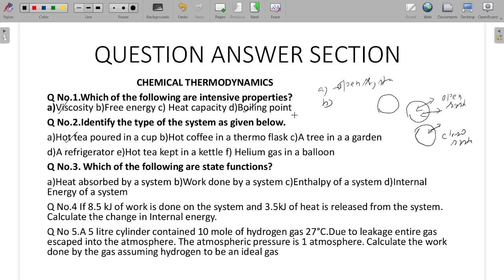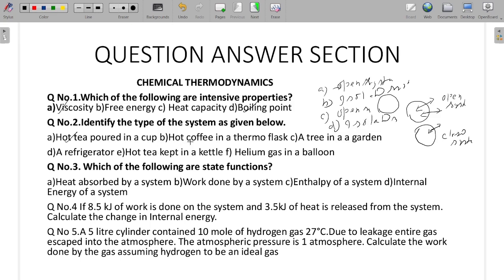Then B, hot coffee in a thermoflask, is an isolated system. Then C, a tree in a garden, is an open system. D, a refrigerator, is an isolated system.